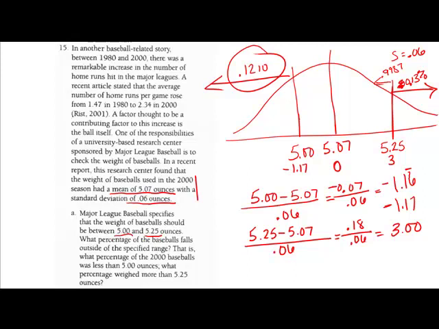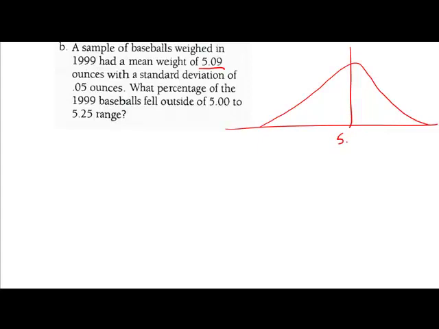Okay, one more. Let's see. A sample of baseballs weighed in 1999 had a mean weight of 5.09 ounces, with a standard deviation of 0.05 ounces. Notice this is a sample, so we're going to switch notation.